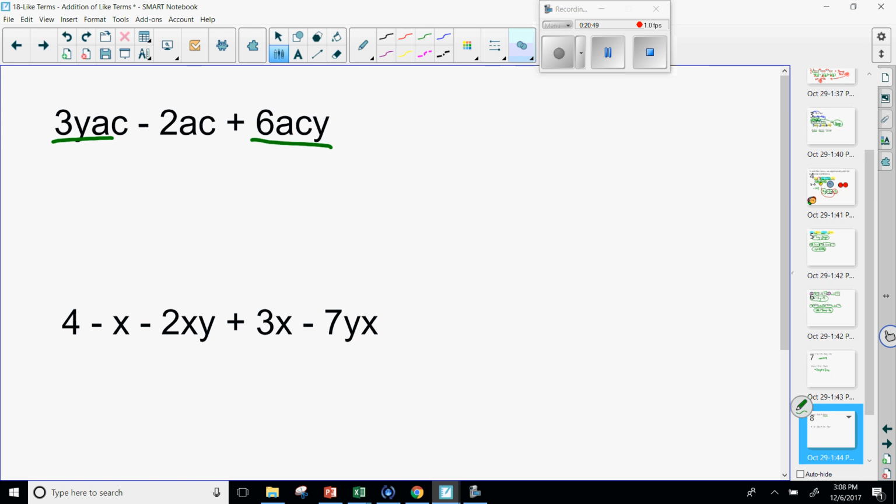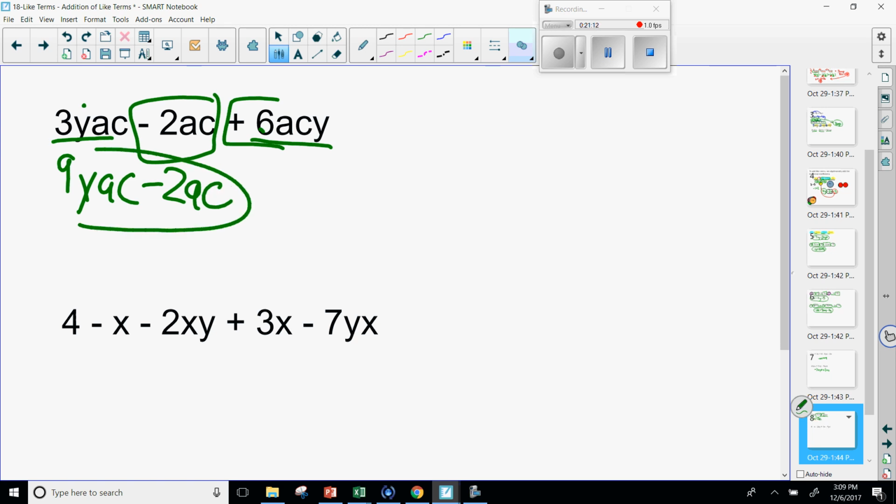We were close. Alright, so you add this to this, that gives you 9yc. Then you do this, which gives you negative 2c. Very good.